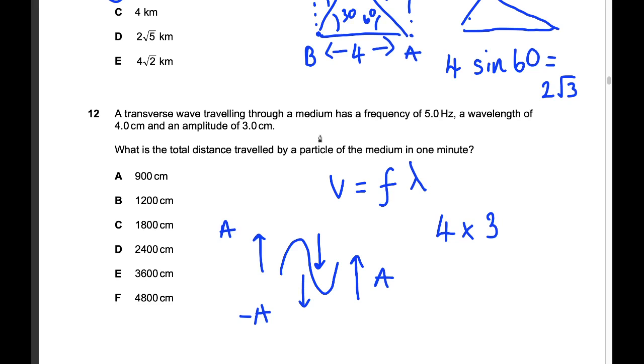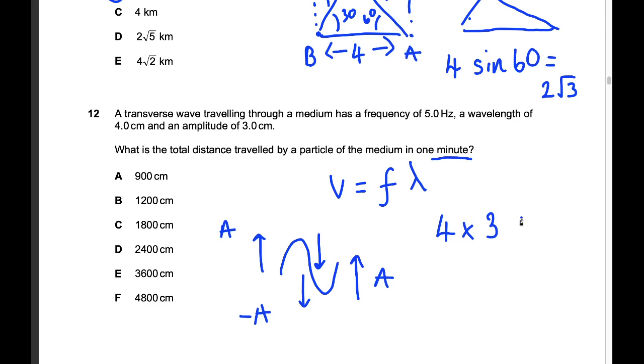But this wave has a frequency of 5 hertz. 5 hertz means that in every second, 5 full cycles of the wave pass a certain point. So 5 of these up, down, down again, and then back up again to the equilibrium position, pass every second. But we've got 1 minute.